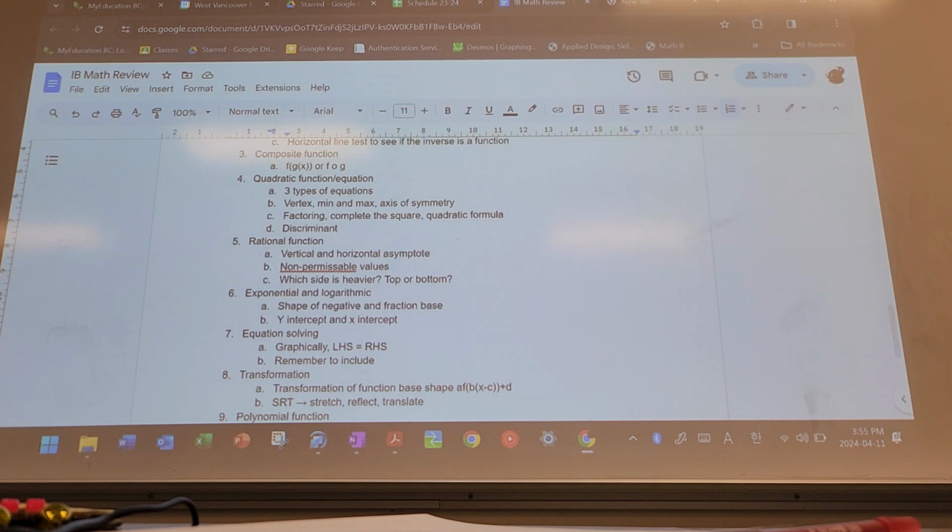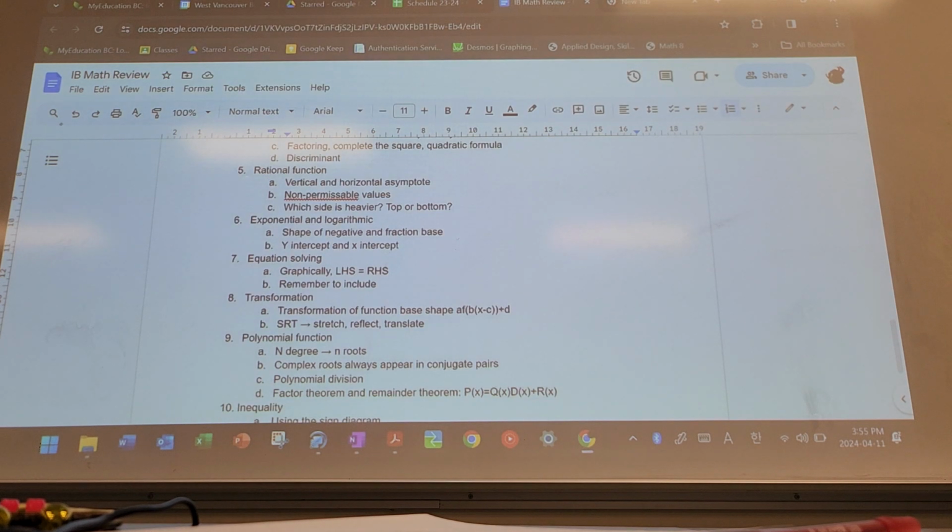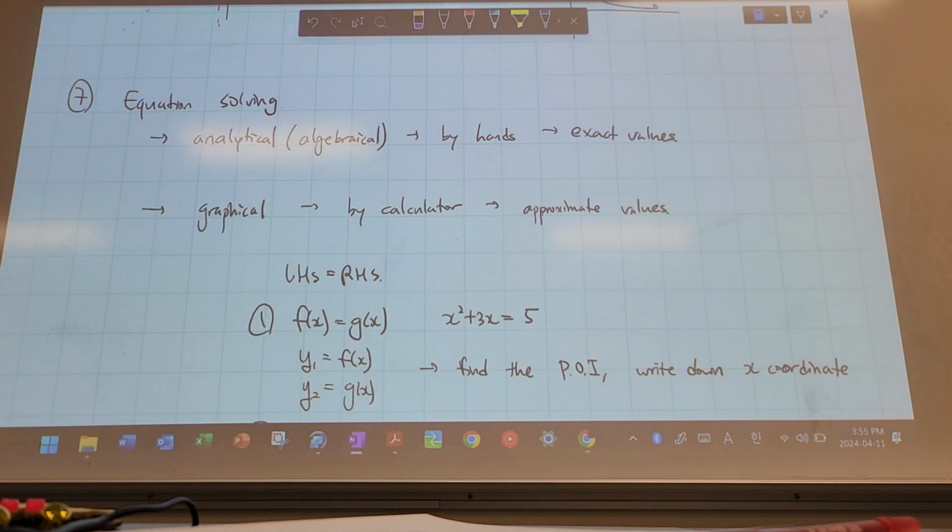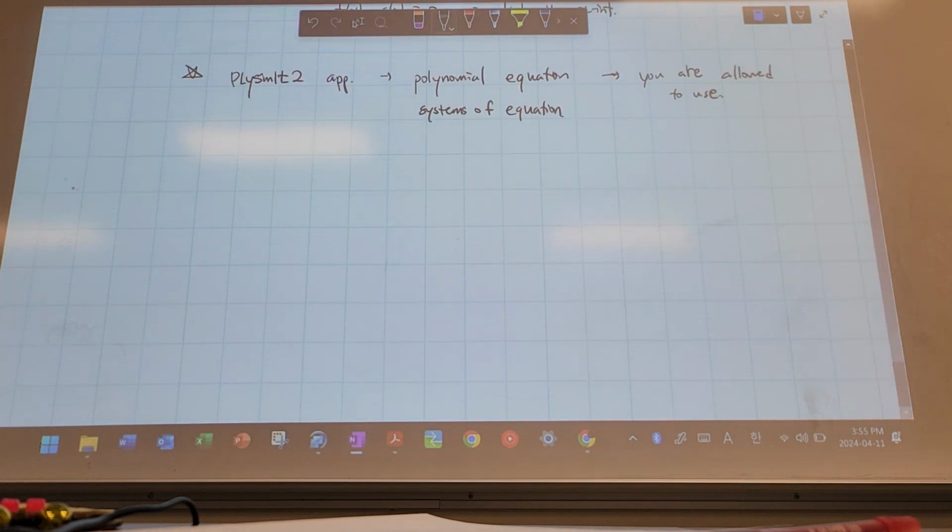I think I mentioned everything about the equation solving. Okay, now let's talk about the transformation of functions. The transformation has a basic shape of y equals a times f of b times x minus c, plus d.